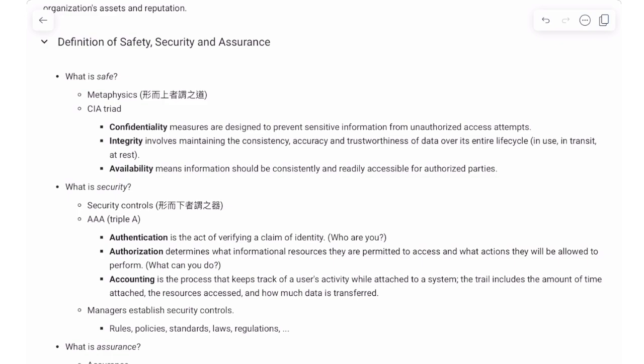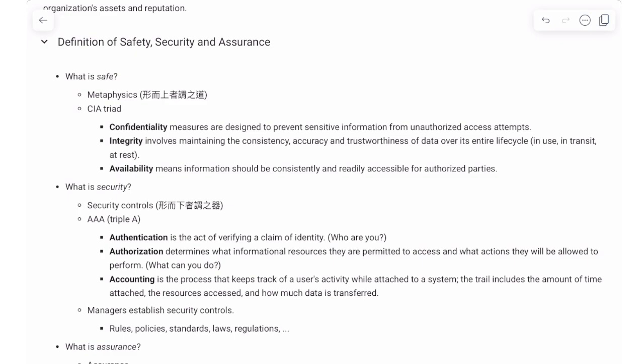Okay, that is integrity. And availability means the information should be consistent and readily accessible for the authorized parties, which is the authorized customer. Every time you want to use your profile, your data, it is ready for you to access.